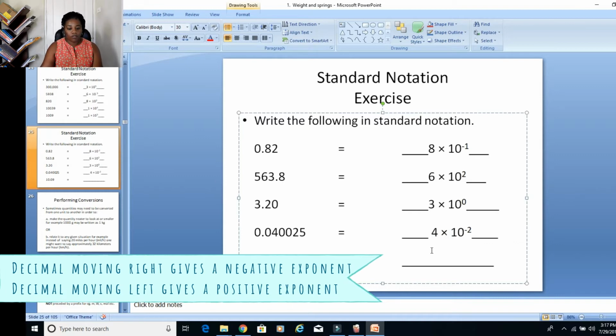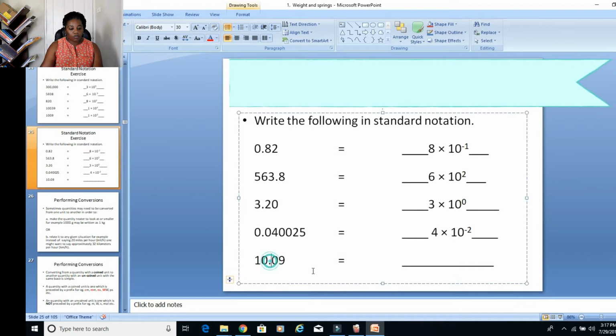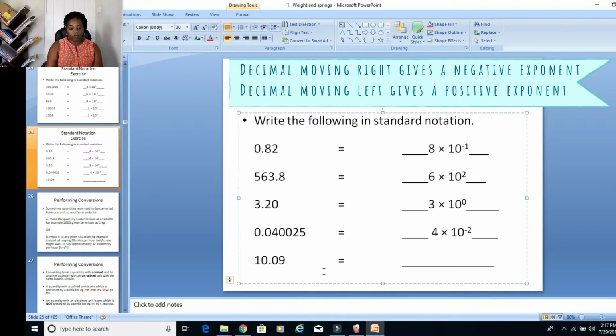Okay? And now for this one, again, we just wanted one sig fig, and so we're going to move this point to the left one time. And if you move into the left at all, that's the first course of action, your power is going to be positive. So again, we're going to stick in our multiplication sign here, times 10, and moving to the left, so it's going to be positive.